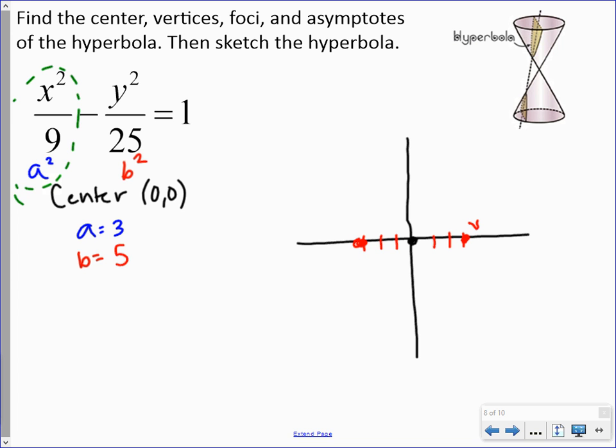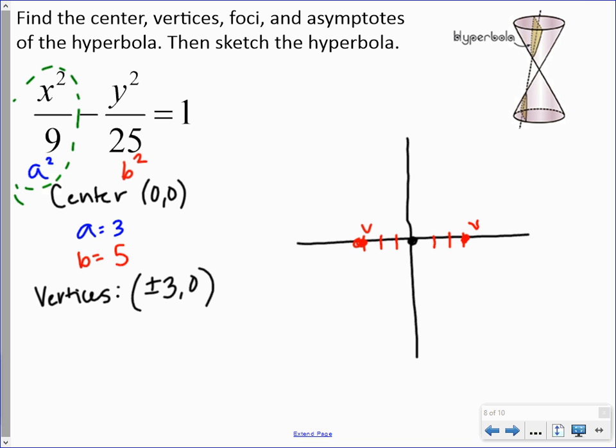I'm going to label those as my vertices, so I can keep track of things. You could write 3, 0 and negative 3, 0. On this one, it would also be acceptable to write plus or minus 3, 0.